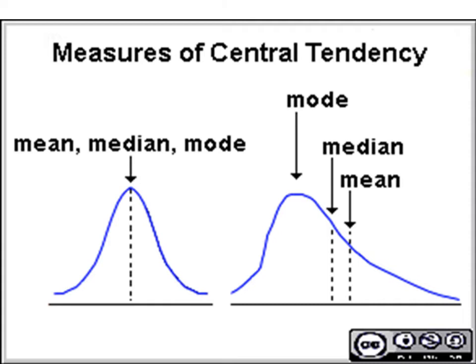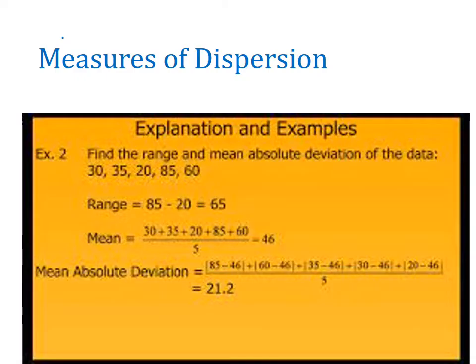The mode value shows the value which is repeated most in your set of data. Median is the central number of your data, and the mean is the arithmetic average of your set of data. Next, the measures of dispersion.